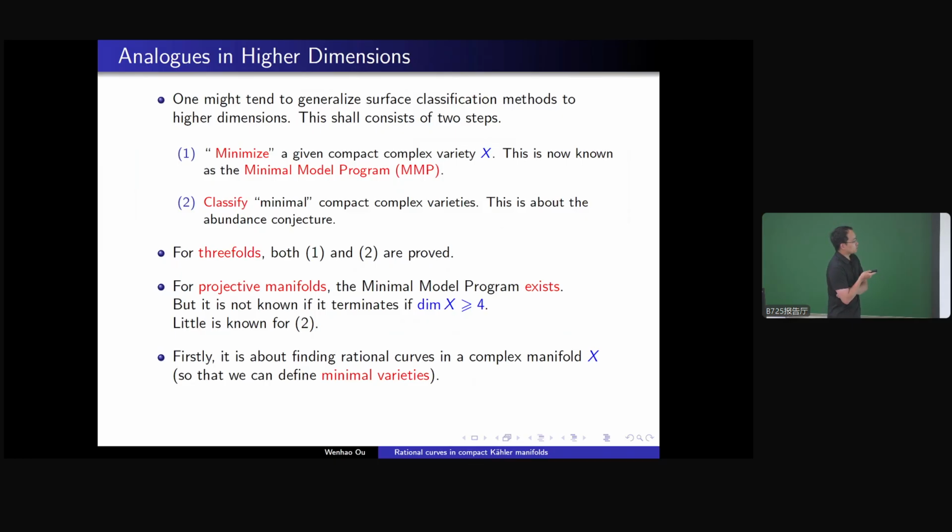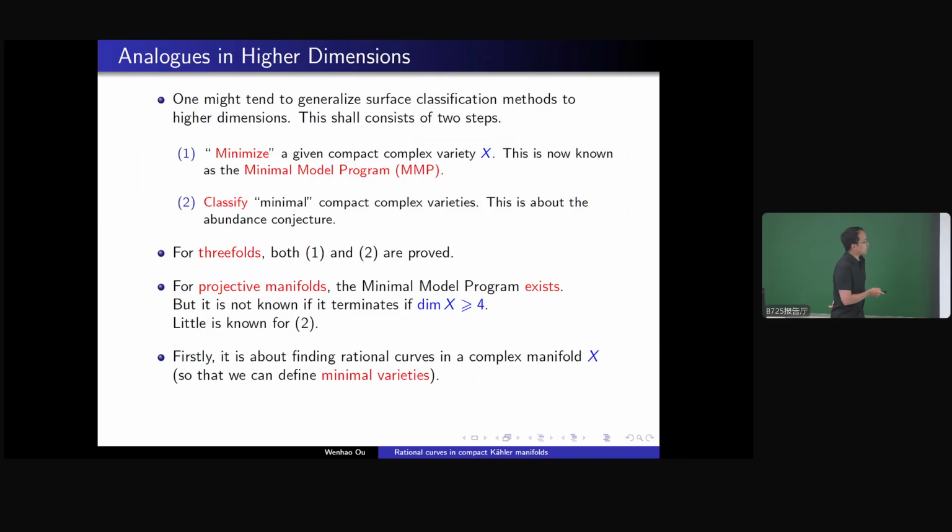So we have a strategy which directs to the minimal representative or the minimal variety, but we do not know if this strategy always stops. Of course, conjecturally, it will stop. So the termination problem is still unknown. And for the second part, the abundance conjecture, little is known once the dimension is at least 4.